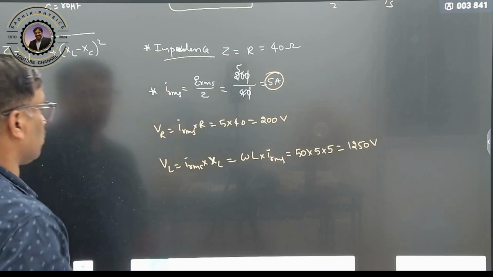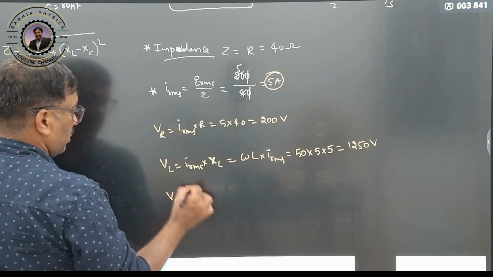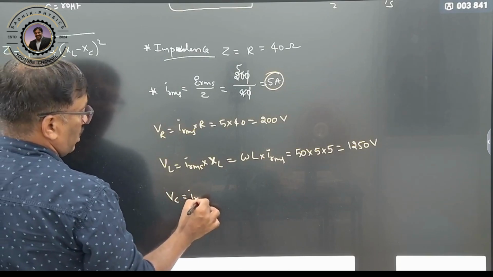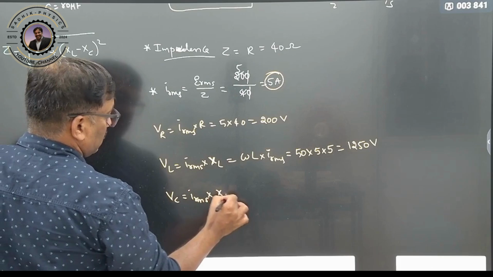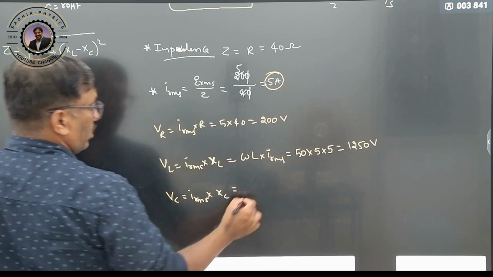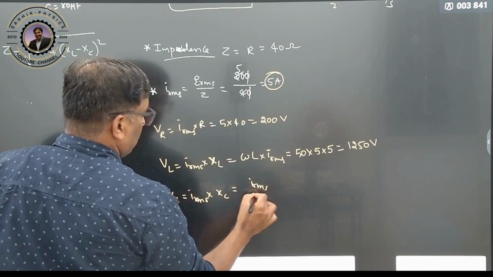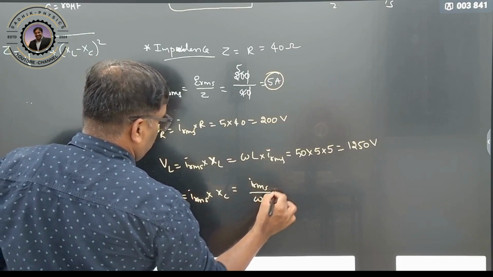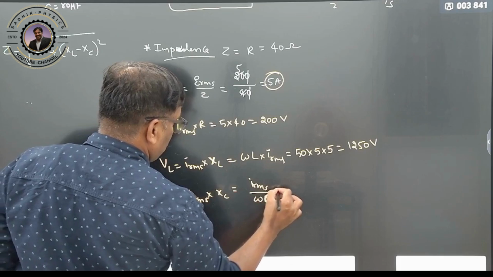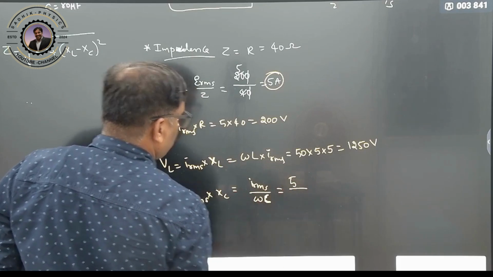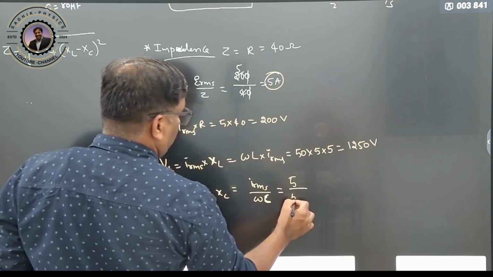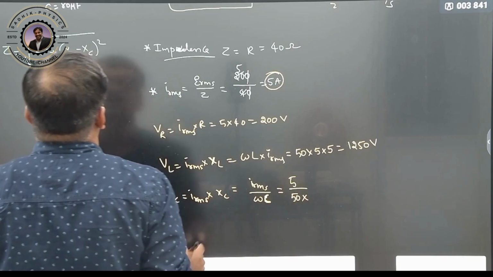Clear? So what will be VC? VC is IRMS into XC. What is XC? It is 1 by omega C. IRMS is 5, omega is 50, and C is 80 microfarad.